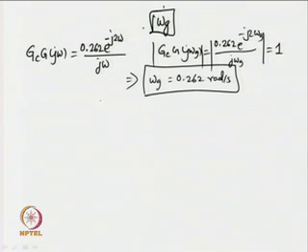What information do we get from this gain crossover frequency? Let us find the phase of the system at this gain crossover frequency.